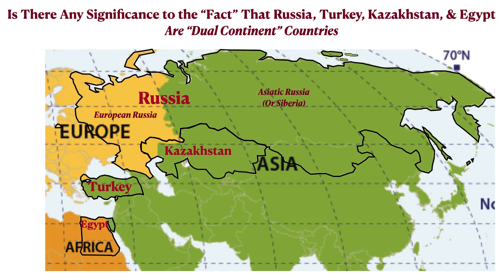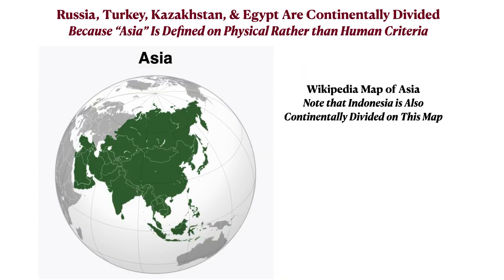So it doesn't mean anything that Russia is a dual continent country, or Kazakhstan or Turkey or Egypt for that matter. Russia, Turkey, Kazakhstan, and Egypt are continentally divided because Asia is supposedly defined on physical rather than human criteria. And these are not major physical criteria. I talked about this in the first lecture, looking at the Ural Mountains, the Ural River, the Caucasus Mountains are pretty significant. But these are geophysical rather than human divisional grounds.